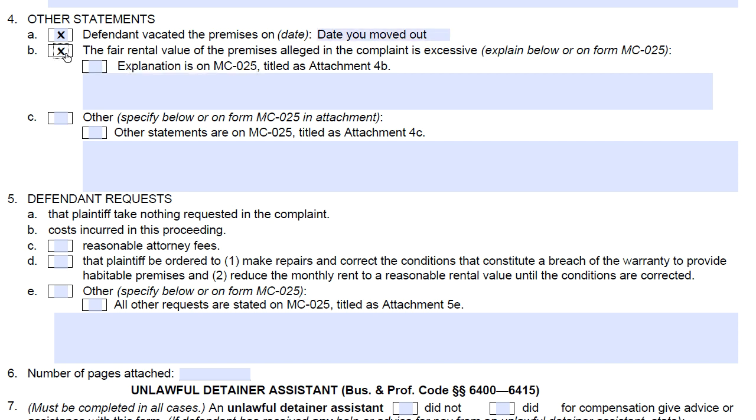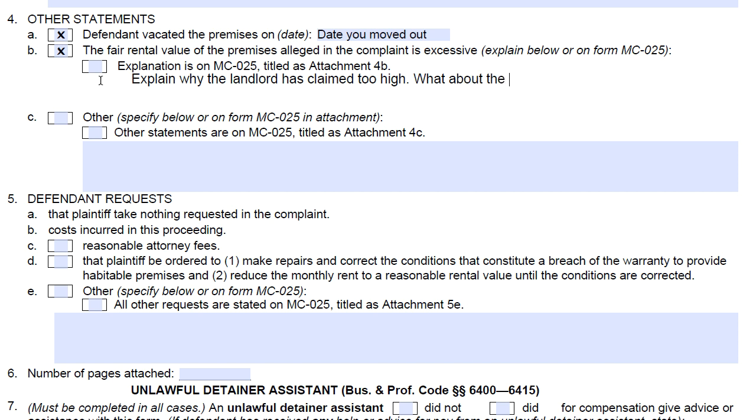If you believe that the amount they are claiming is not correct or not fair, then just explain why the property is worth less than what the landlord has put.